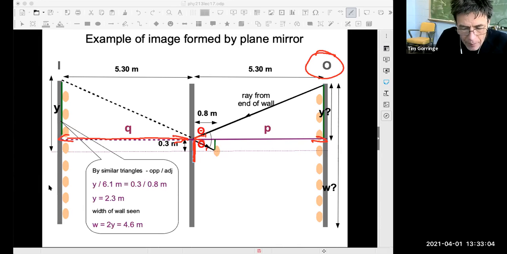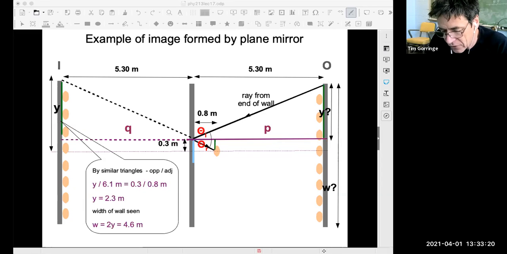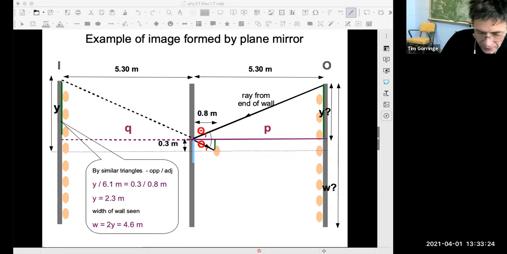And then that image is not going to be magnified or minified, it's going to be the same size, so I drew it the same size. At that point, I've used my detailed understanding of planar mirrors and the images formed of objects in planar mirrors. So that's the optical stuff.